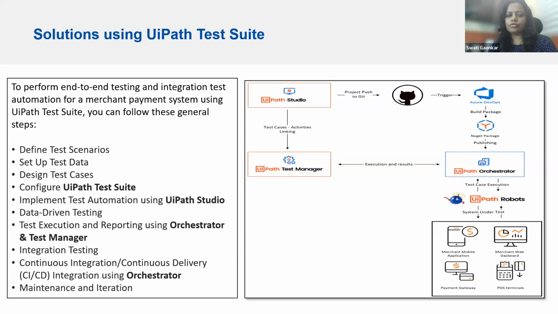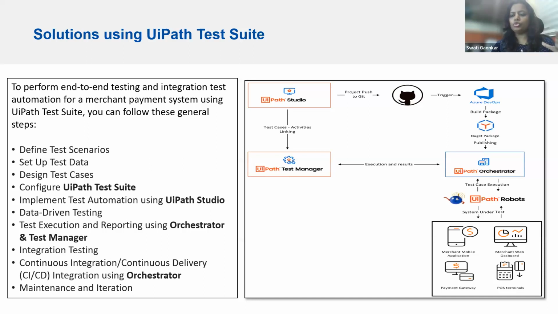Maintenance and iterations, yes. So maintenance and iteration will be there after completion of the entire thing. If anything is coming into the maintenance part, or any CR is coming, by using the requirement traceability matrix we will see which test cases are getting impacted. Again, the maintenance needs to be done. And in this case, we will be saving a lot of time.